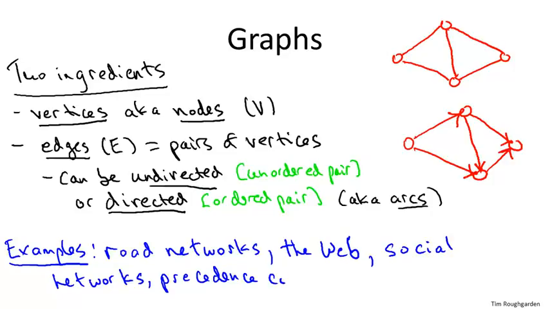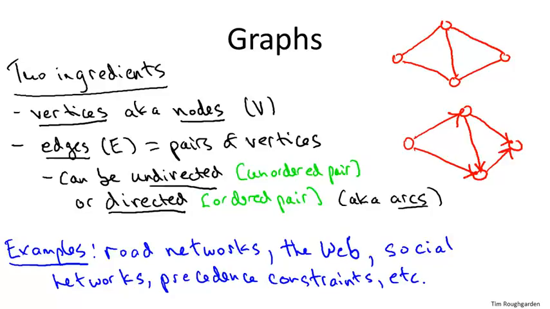And often graphs are useful even when there isn't such an obvious network structure. Just to mention one example, let me write down precedence constraints. To say what I mean, say you're a freshman in college and you're looking at your major, say the computer science major, and you want to know what courses to take in what order.